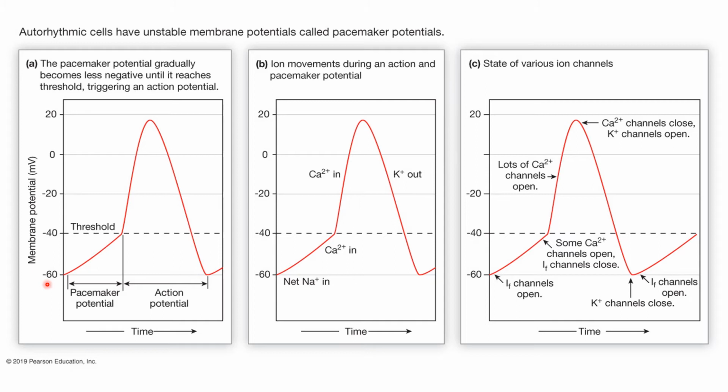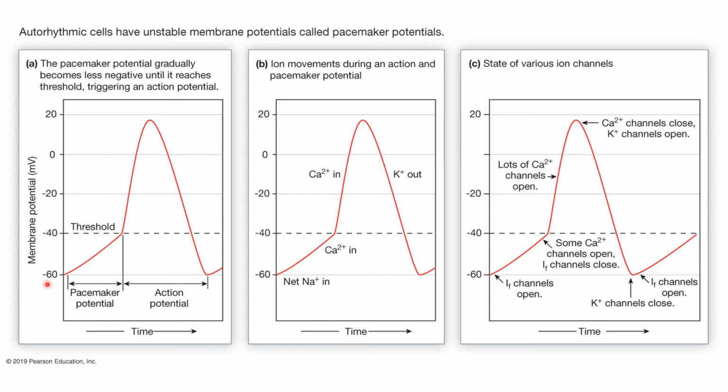You can think of the pacemaker potential kind of like your resting membrane potential, but in your heart we refer to it as the pacemaker potential because some say that it could actually differ. It's not always set exactly to be negative 60 millivolts.